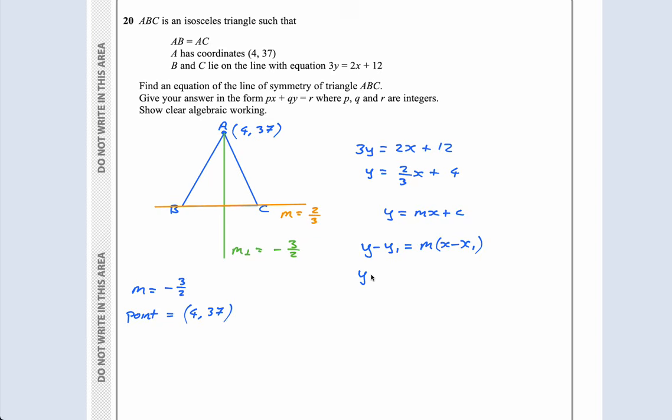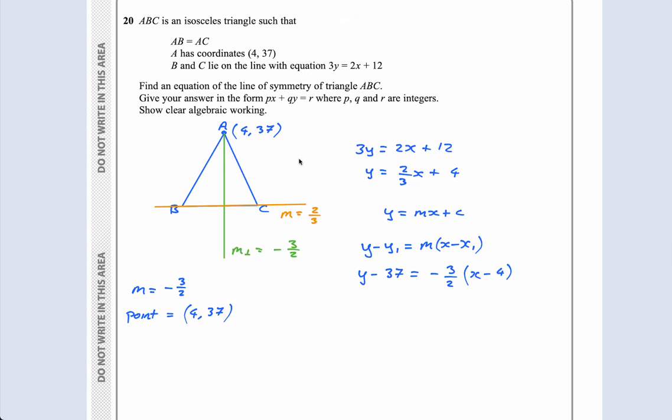So it's y minus 37, the point is (4, 37), equals m, negative 3 over 2, into x minus 4, because 4 is x1. Then, as I say, the reason I like this formula is because now I have the equation of the line without having to do any manipulation.